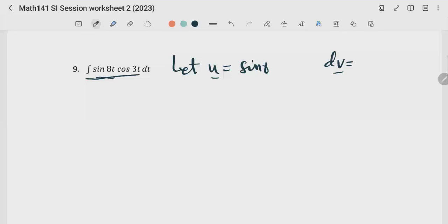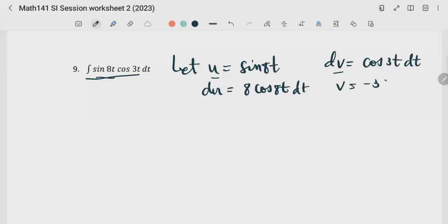That would mean that our du is equal to 8 cos 8t dt, and our v is, oh, right, not minus 3, so that would be 3 sine 3t, right? Oh, sorry. That would not be 3 sine 3t, that would be sine 3t over 3.